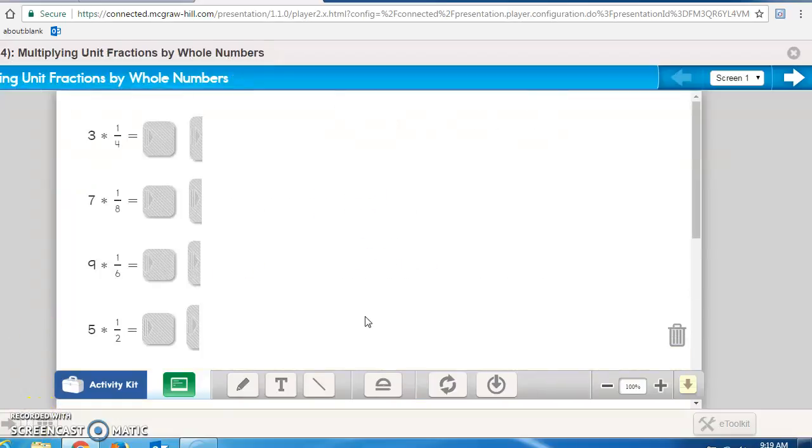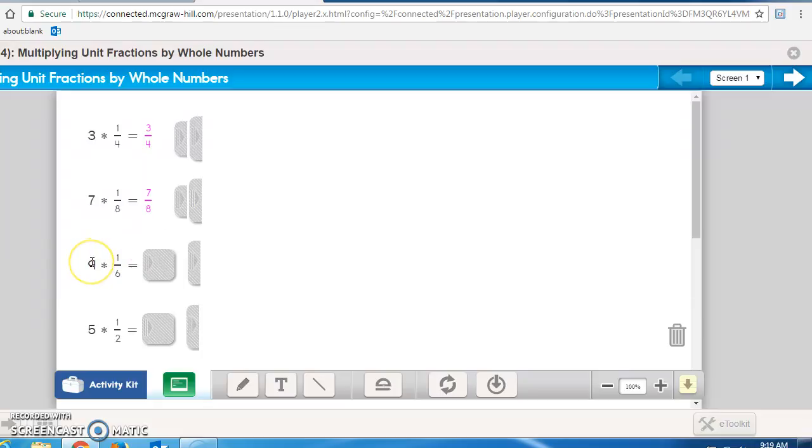So let's try multiplying some whole numbers with fractions. 3 times 1/4. Well, my denominator remains the same, and 3 times 1 is 3, so 3 times 1/4 is 3/4. Again, 7 times 1/8. My eighth remains my denominator. 7 times 1 is 7. That becomes my numerator, 7/8. 6 now is my denominator.